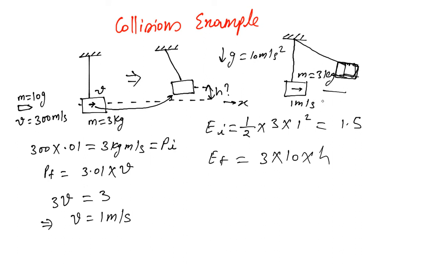We certainly can see there is a change in momentum. Momentum has changed here, because right here it has momentum in the x direction, but here momentum is 0. And why is this happening? Well, this is happening simply because there is a tension acting on this. If you have a momentum in this direction and you apply a force like that, then you're not really changing the momentum in this direction, because these two are perpendicular.